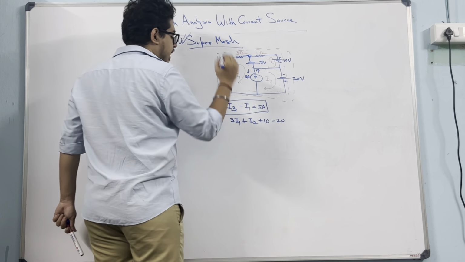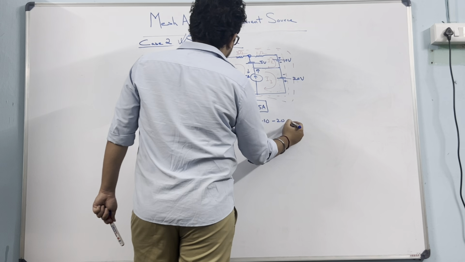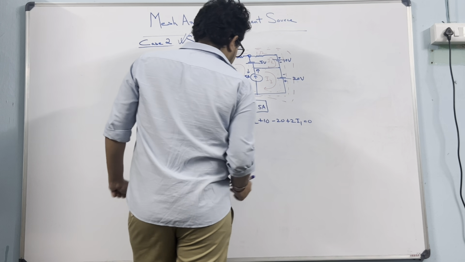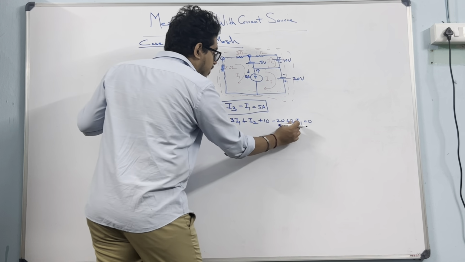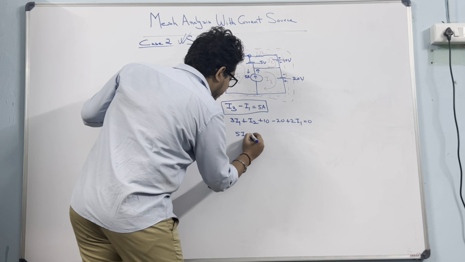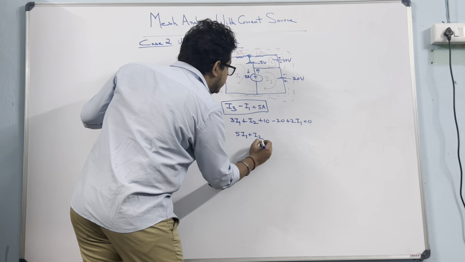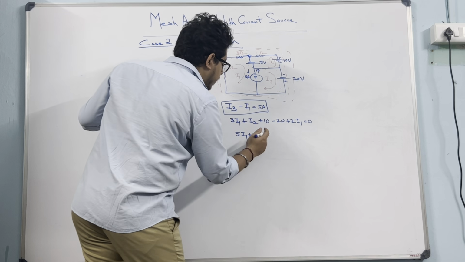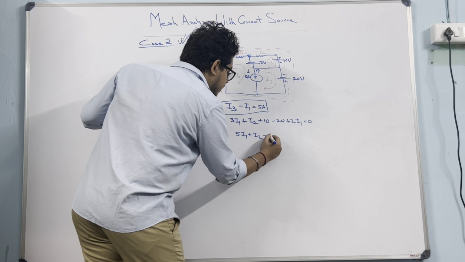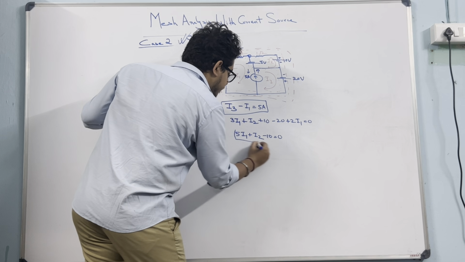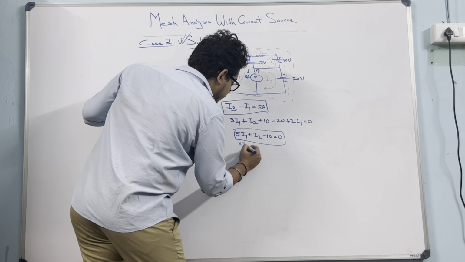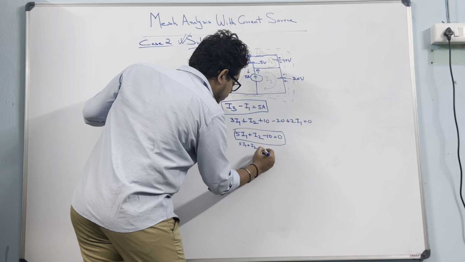So again I1 is flowing, plus 2 I1, equal to 0. Let's simplify this. 3 I1 and 2 I1, so it will be 5 I1 plus I2. So no use of I3 over here. Plus 10 minus 20 minus 10 equal to 0. So it will be 5 I1 plus I2 equal to 10.